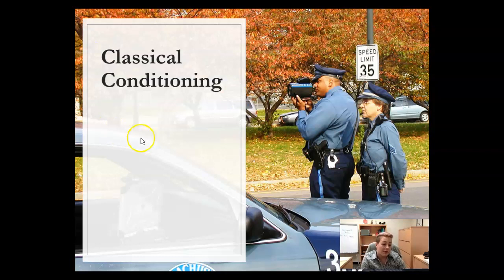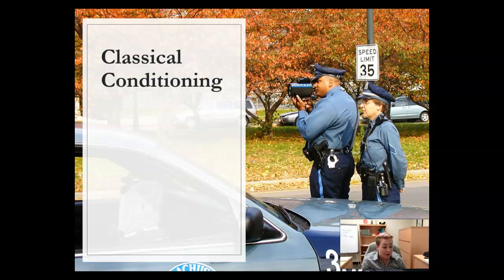So for example, if you saw these 2 police officers, and you saw this officer standing there with what appears to be a radar gun, like a speed gun or whatever they call them, and you were driving down the road, think about how you would feel. Think about what you would do. Do you slow down when you see that?